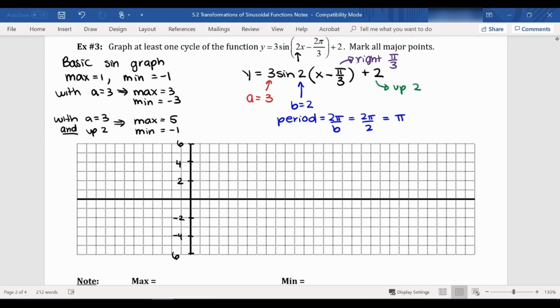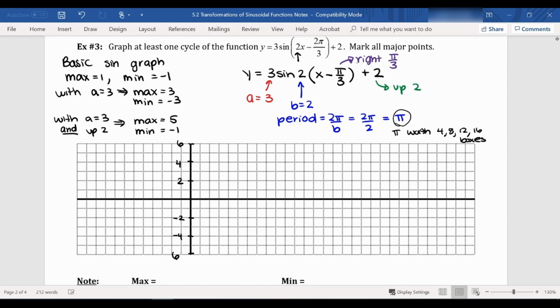I know that I need to be able to have my period, my pi, this guy, has to take up as many boxes as something divided by 4. So pi could be worth 4 boxes, 8 boxes, 12 boxes, etc. So pi worth 4, 8, 12, 16 boxes.